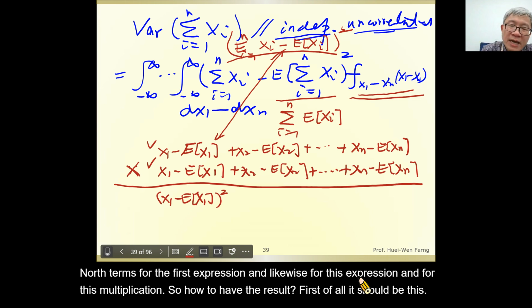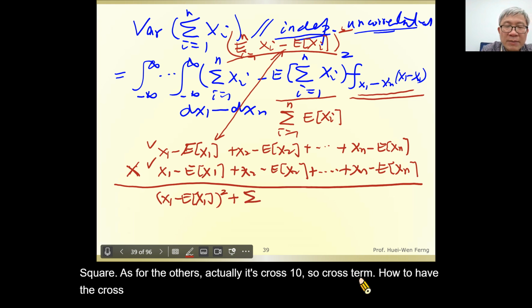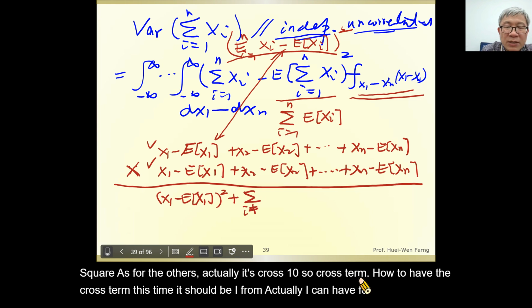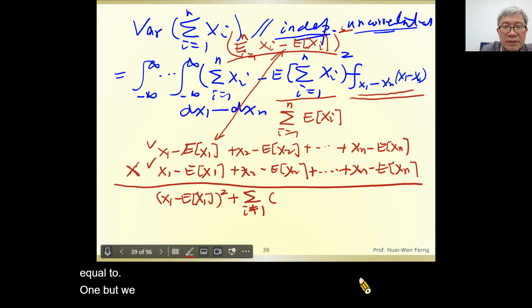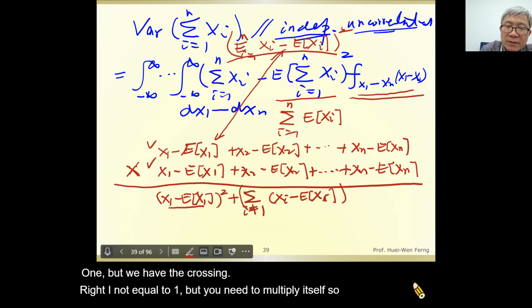As for the others, they are cross terms, where i is not equal to j, and you need to multiply each term by the others.